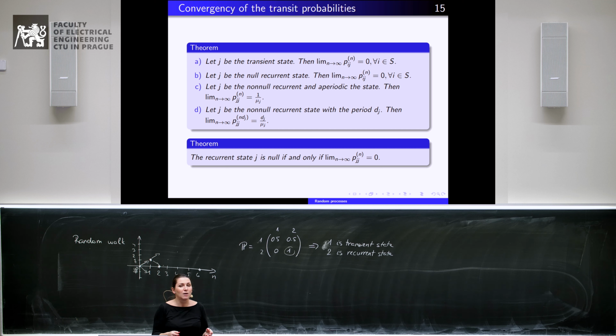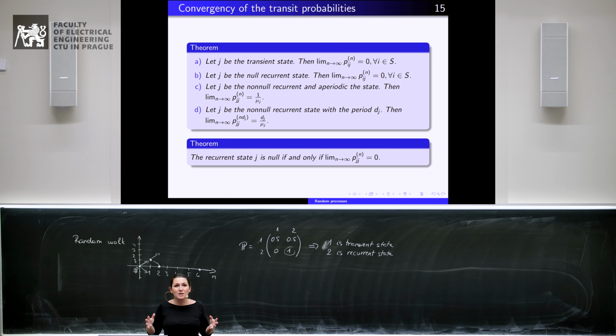It is like when you leave your parents, you will go back to them on average each 10 days. So the probability that a randomly chosen day is the day when you visit the parents is 1 over 10.